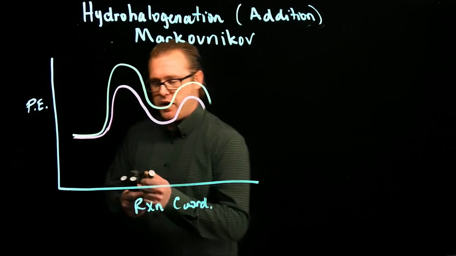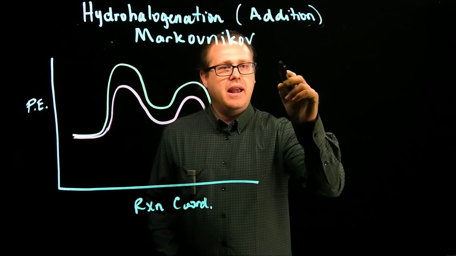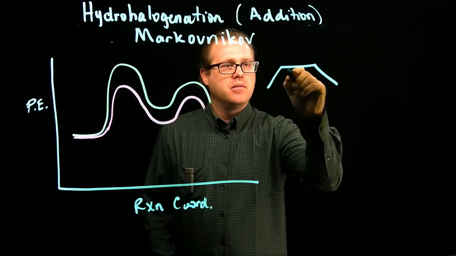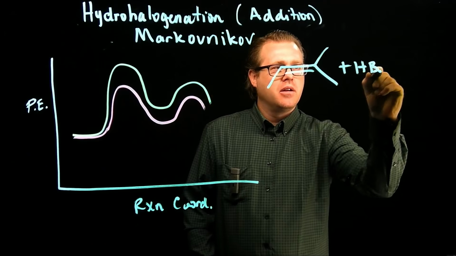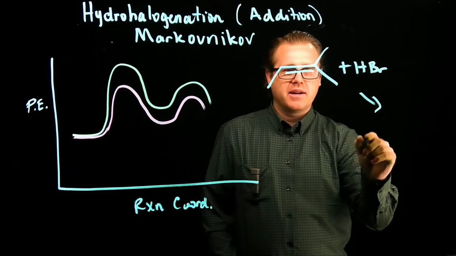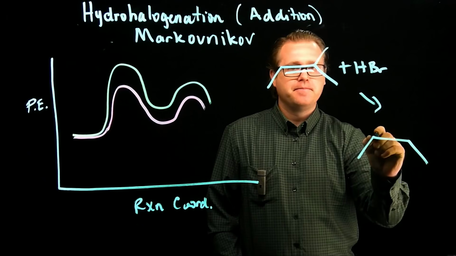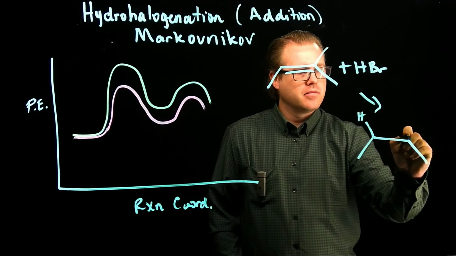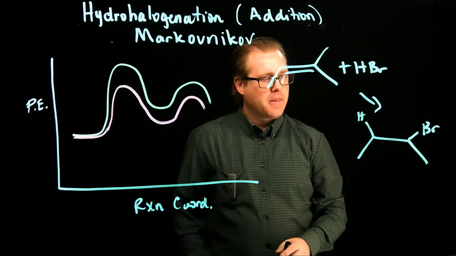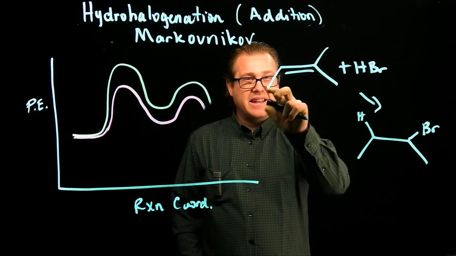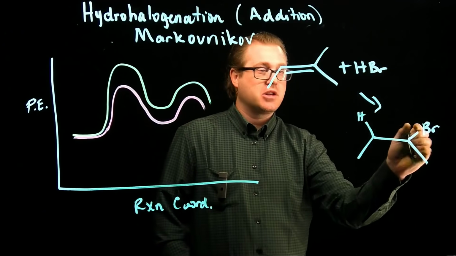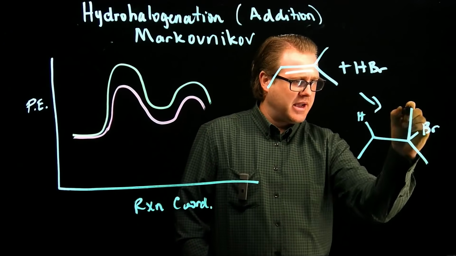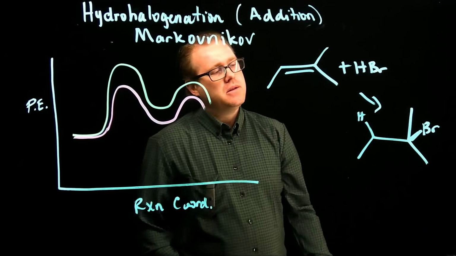Now recall, when you have an alkene like this, and we did our HBr, the Markovnikov product looks like this. So the bromine is selectively going to this carbon, and I missed a carbon, so let's add it there.